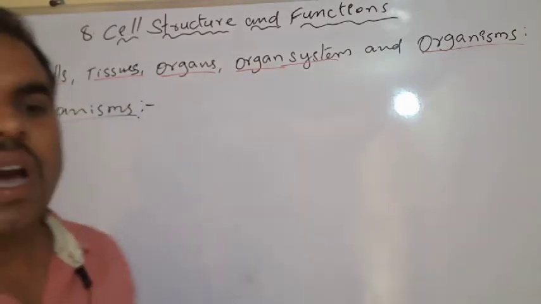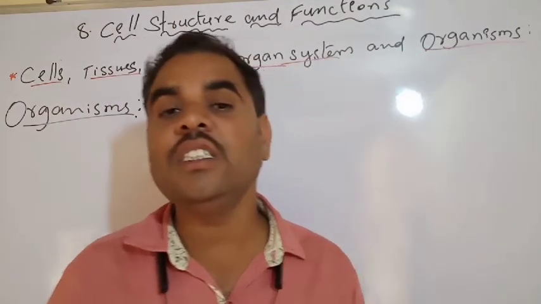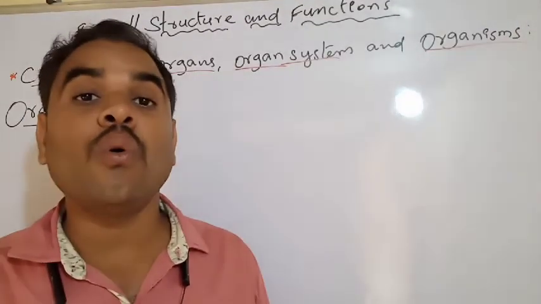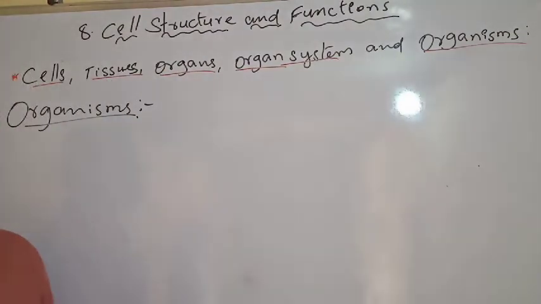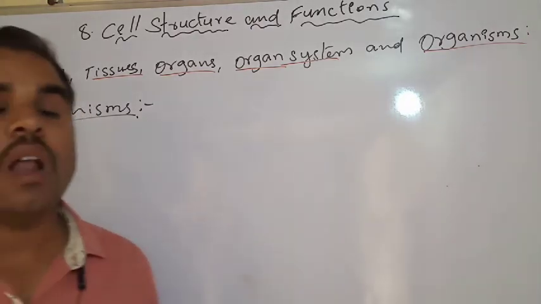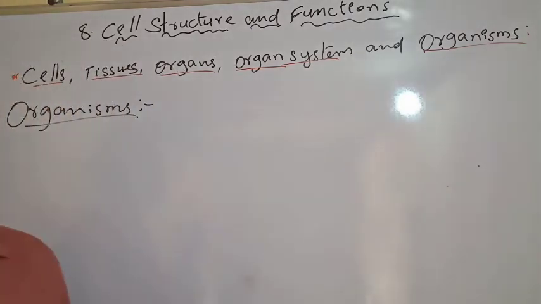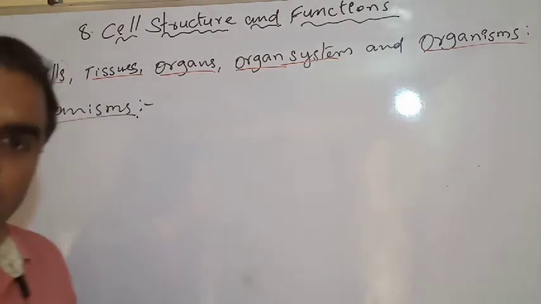Next, organisms. An organism is an animal or a plant which can exist on its own. An organism is made of many different organ systems which work together to perform all the functions necessary for maintaining life. For example, a human being is an organism.